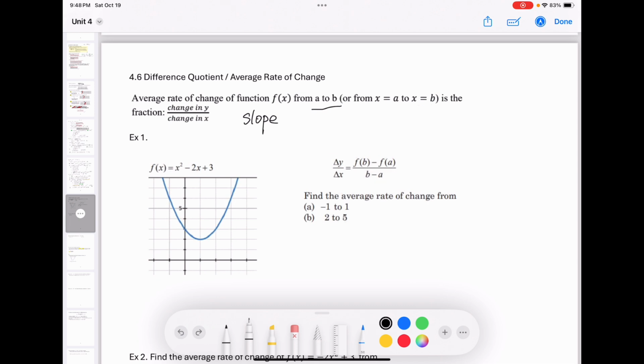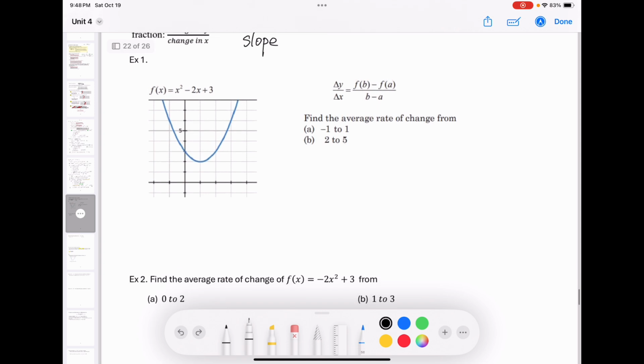Okay, let's use the formula to solve example 1. In this example, I have a function f of x, and also the graph of f of x. I'm looking for the average rate of change from a equals -1 to 1. So what is the formula?